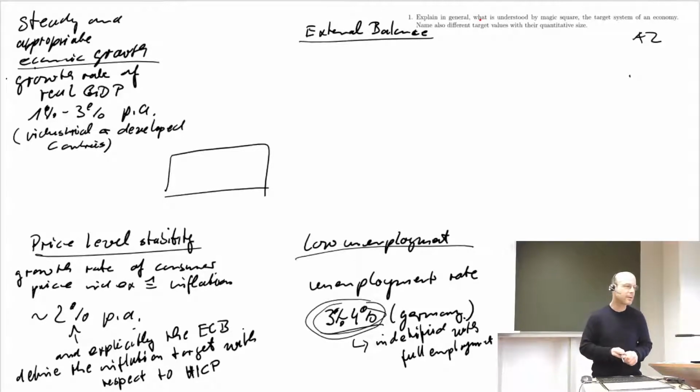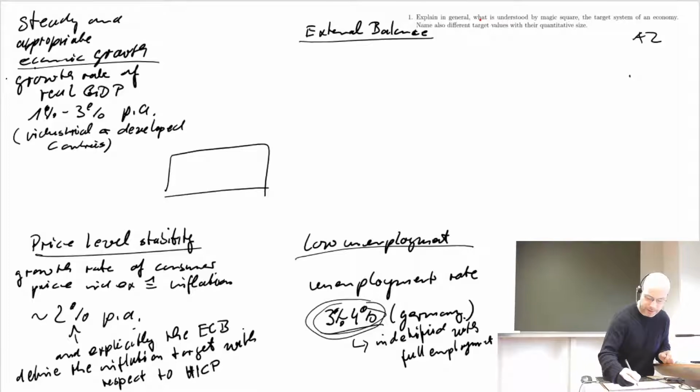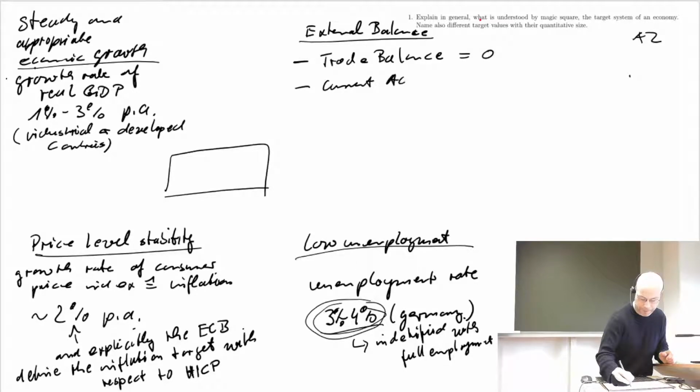Well, I also talked about it: this is more from a historical perspective, that you could take the trade balance equals 0 or the current account equals 0.